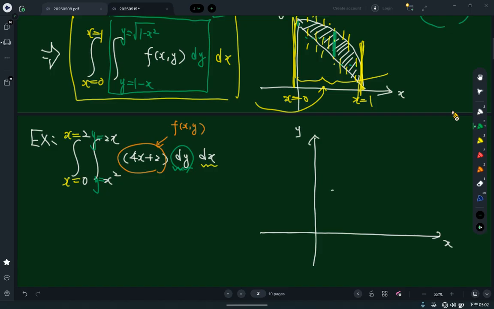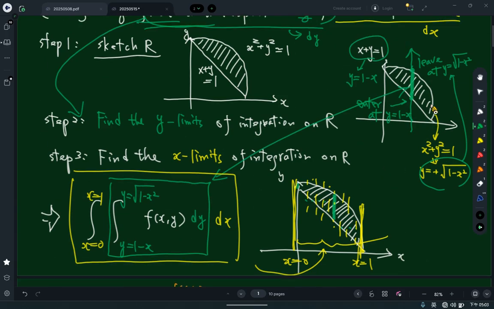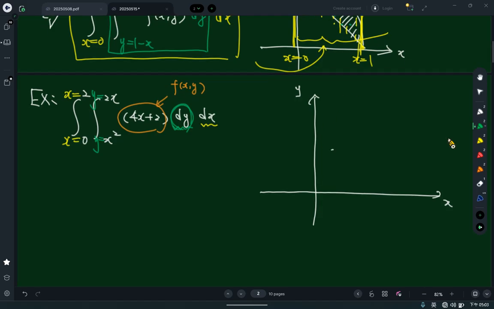Since it's dy first, your first line will follow the vertical line, so you will emit the sum line which is parallel to the y-axis.